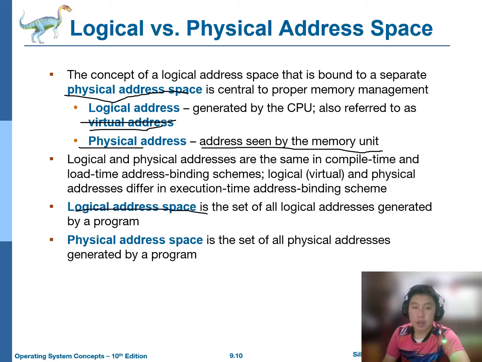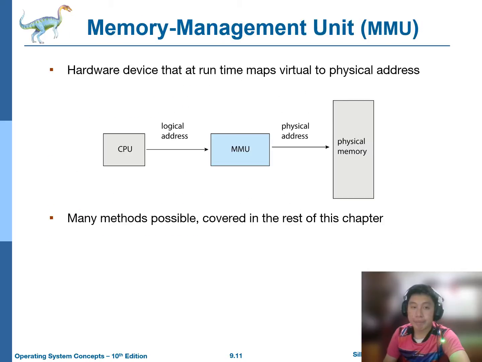Logical address space is the set of all logical addresses generated by a program. Physical address space is the set of all physical addresses generated by a program. Memory management unit (MMU) is a hardware device that at run time maps virtual to physical addresses. Many methods are possible, covered in the rest of this chapter.